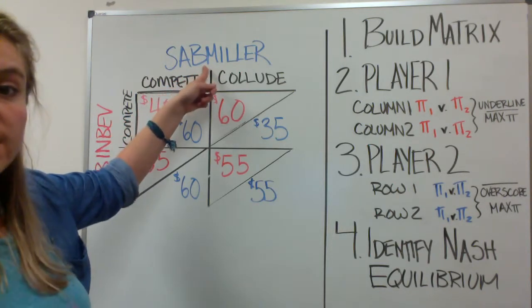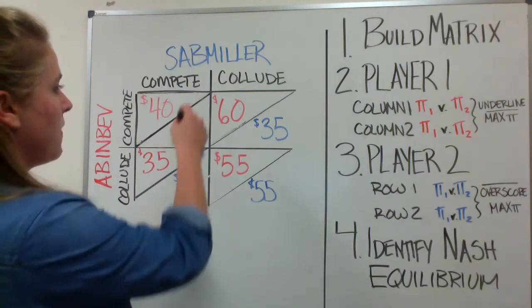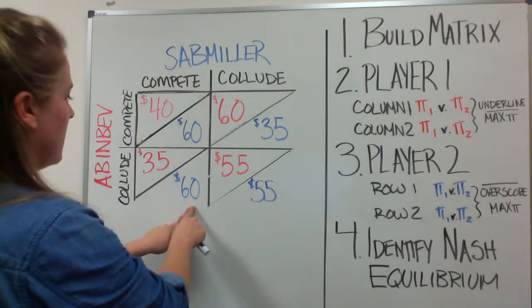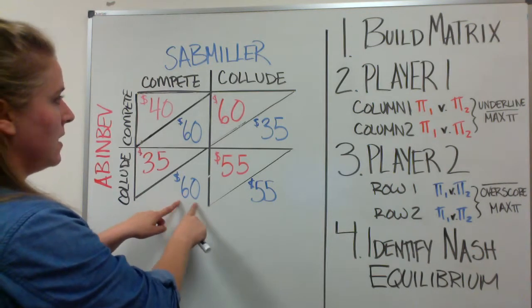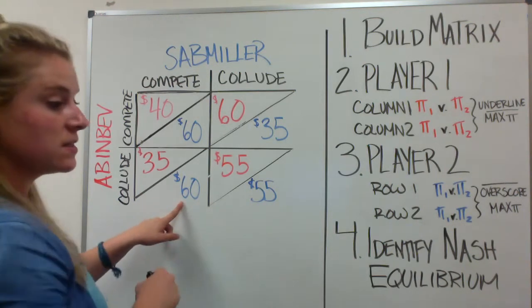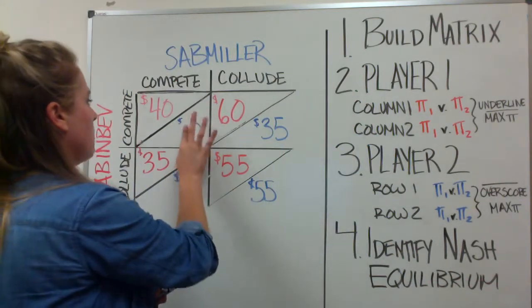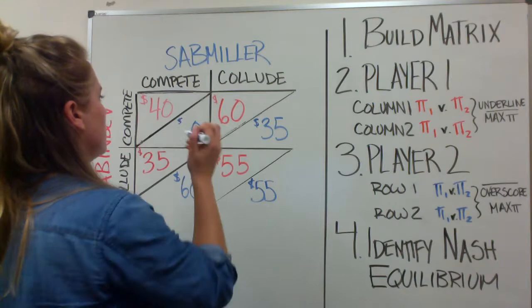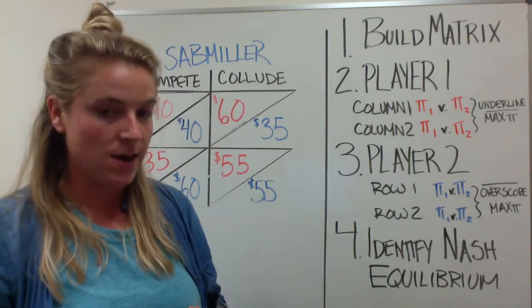And I've used that same line to fill in this cell, where if a firm is competing while the other is colluding, they are making $60. And I just saw a little typo here. Let me fix that really quickly. Okay, so anyways, continuing onward.